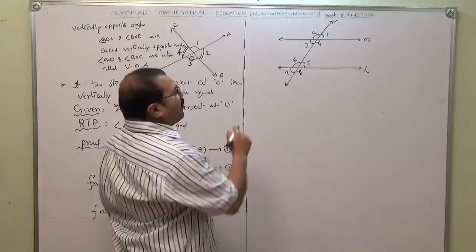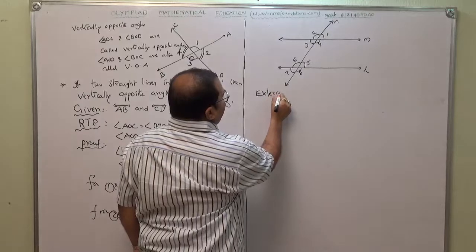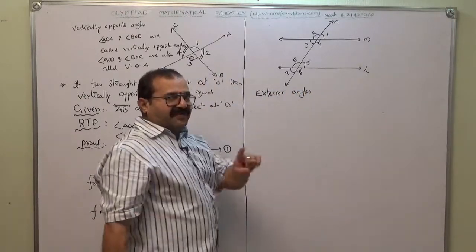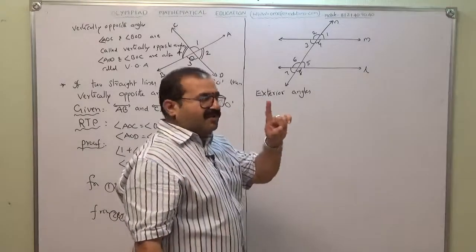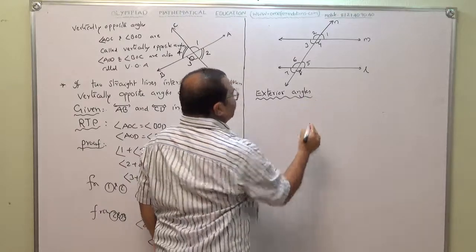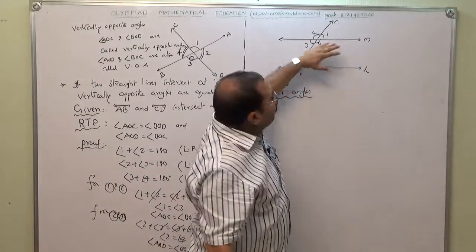So first of all, what are exterior angles? Finally I will tell you one comparison later on. First you listen to this. Exterior means, these two are parallel lines.